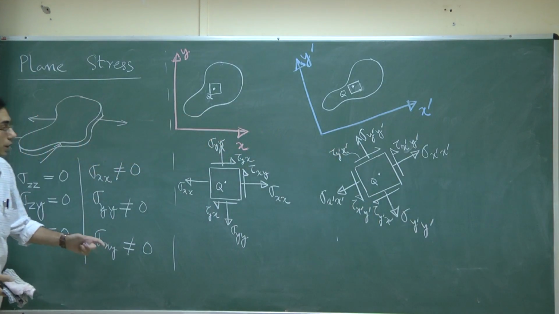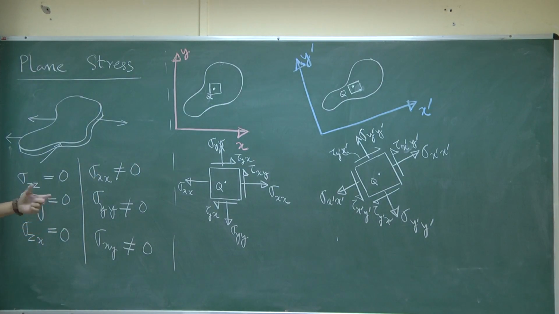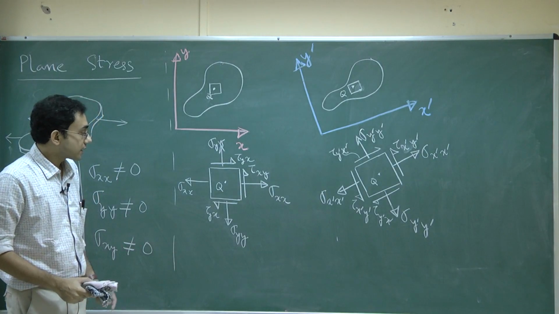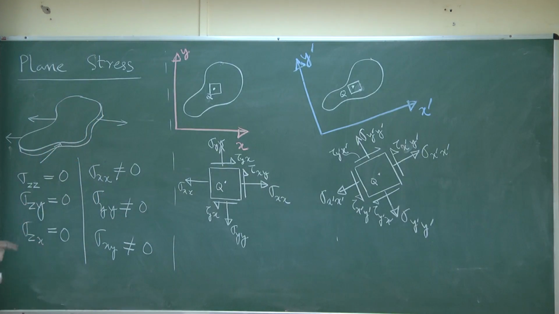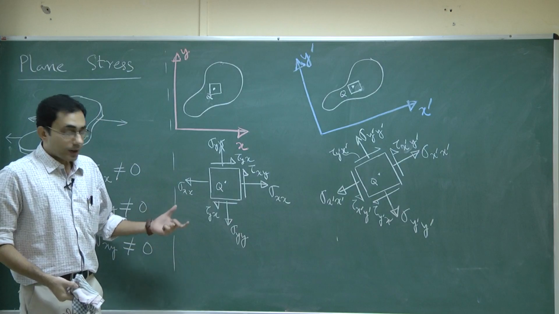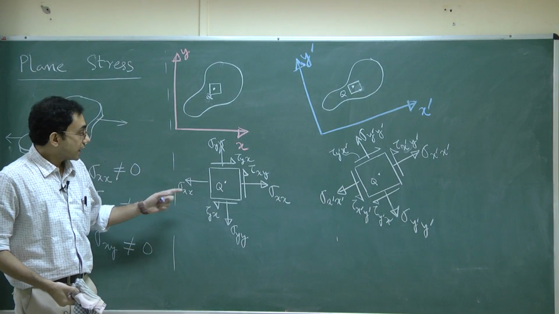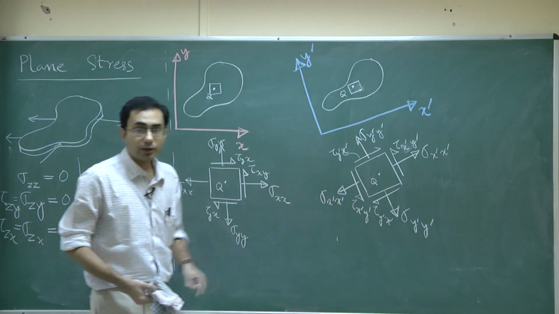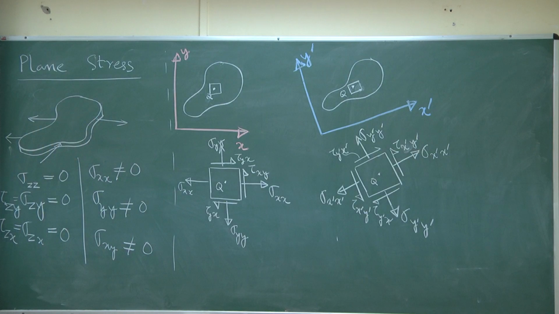And again, tying with whatever we had discussed in our 3-dimensional case, here also, even though sigma zz is not there, sigma yz is not there, sigma zy is not there and sigma zx is not there, and please note that going by our previous convention, in most textbooks you would find it in terms of tau. Our question is, what, if any, is the connection between the various stress components that I have written down here and the various stress components that I have written down here? How can I find that out?